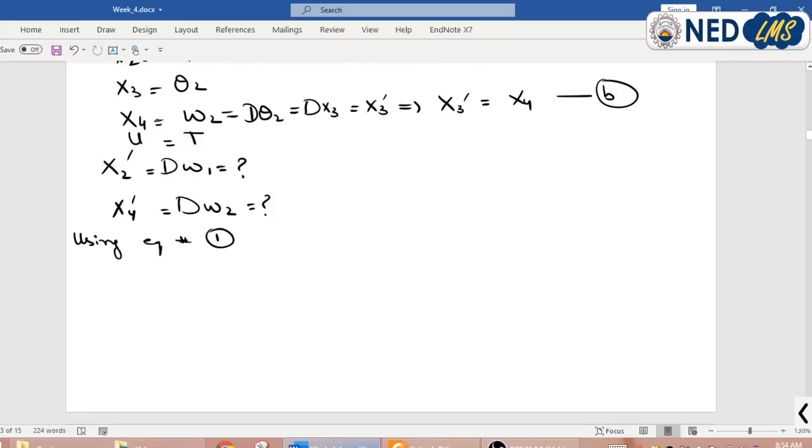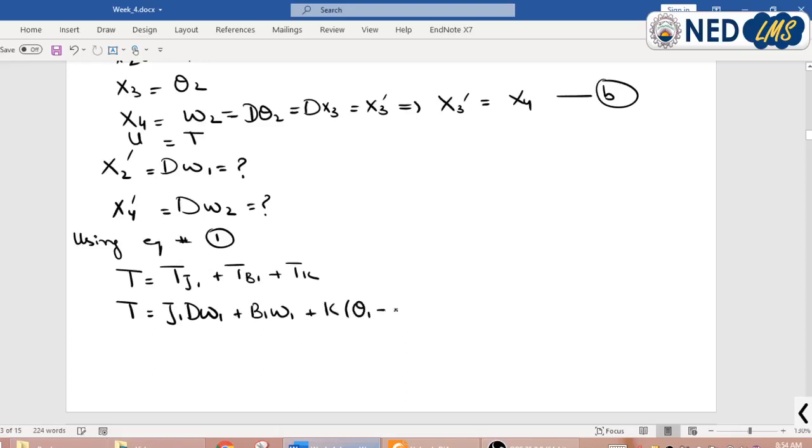So equation number 1 was: torque equals torque of J1 plus torque of B1 plus torque of K. This is J1 alpha, where alpha can be written in terms of omega, so J1 d omega 1, plus B1 omega 1, plus K, which is present between theta 1 minus theta 2.